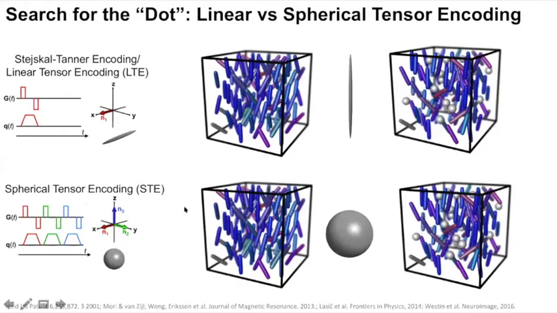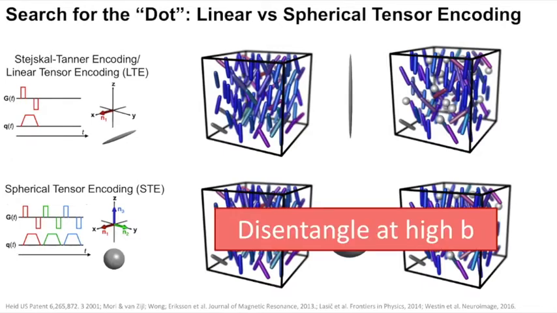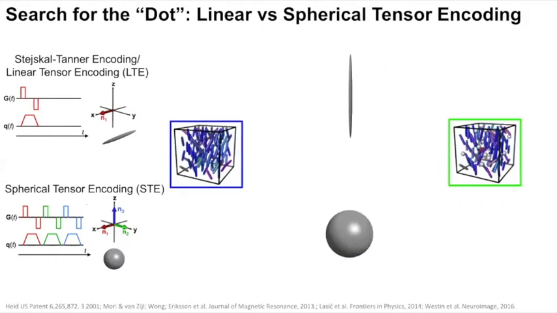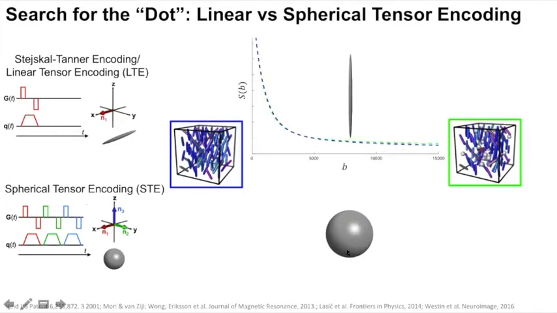But if you take the same scenario with isotropic encoding, where you are sensitive to diffusion in any direction, then you might disentangle these two scenarios at high B values. I will illustrate that again. Let's take these two scenarios, linear tensor encoding and spherical tensor encoding.